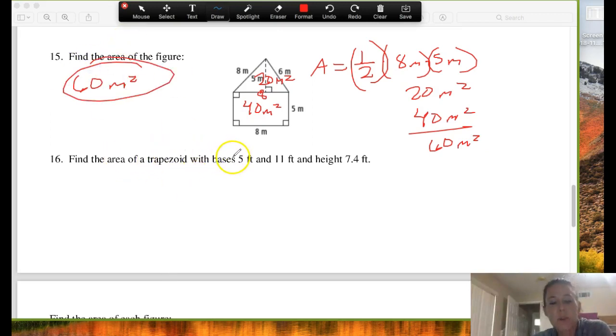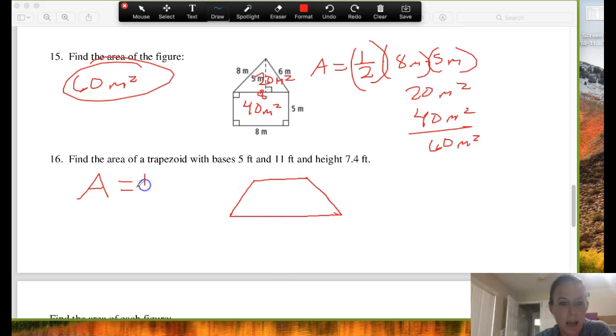Find the area of a trapezoid with bases 5 feet and 11 feet and height 7.4 feet. Once again, this should be a review from middle school math, but area of a trapezoid. Trapezoids are kind of like rectangles where you do the base times the height, except your bases are not the same. So you take an average of your bases.